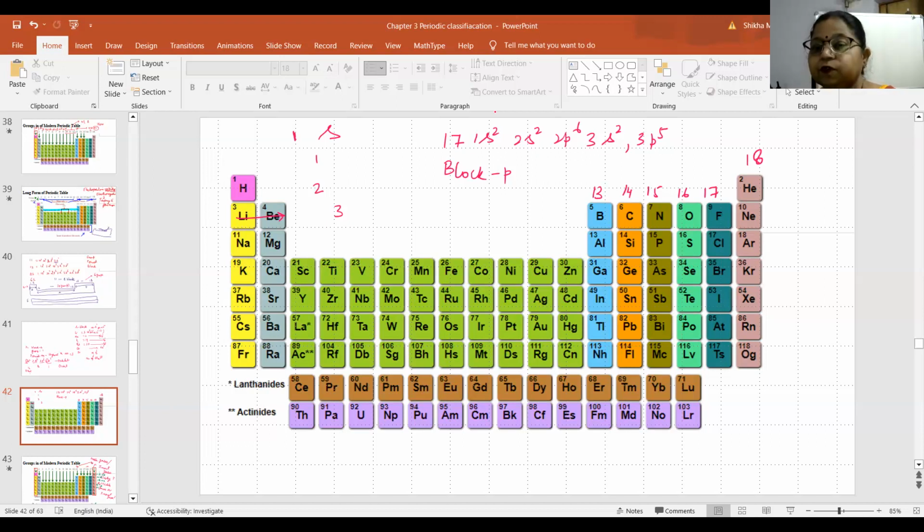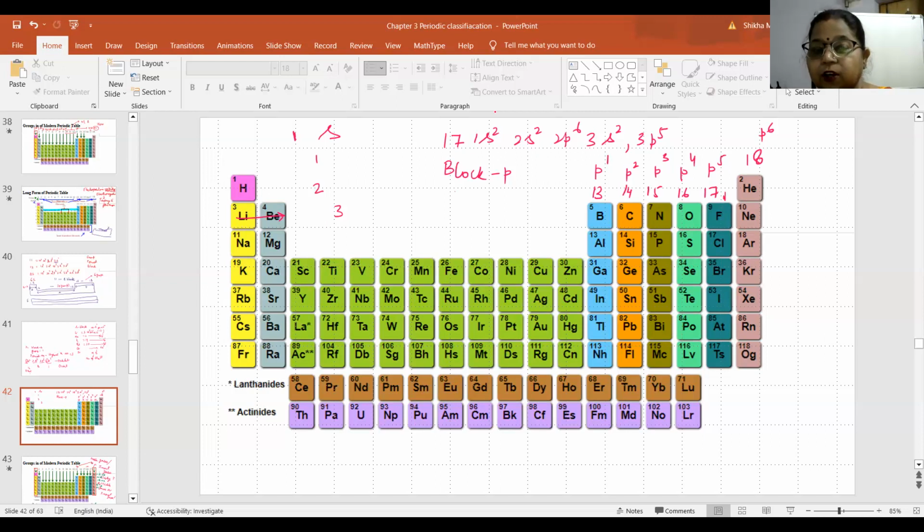The configuration for the first group of P block will end in p1, then p2, p3, p4, p5, p6. So where is p5? p5 is this one, which is group number 17.